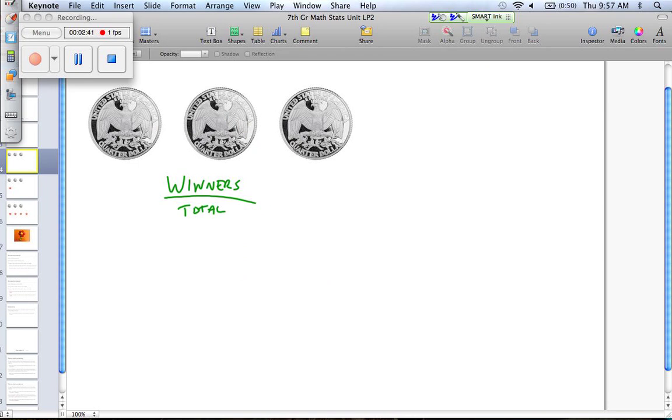The picture you see right here would be tails, tails, tails. Now I could also flip tails, tails, then heads, or I could flip tails, heads, heads, or tails, heads, tails.